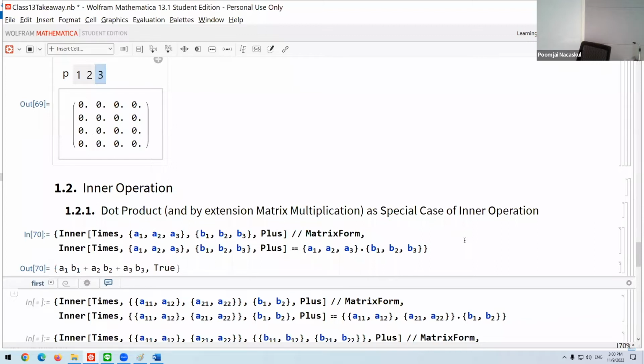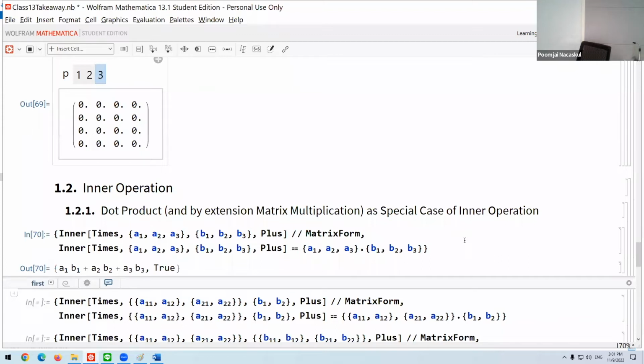So dot product is equal to inner operation with multiply first, then add later. Does that make sense? So that's how I write this.